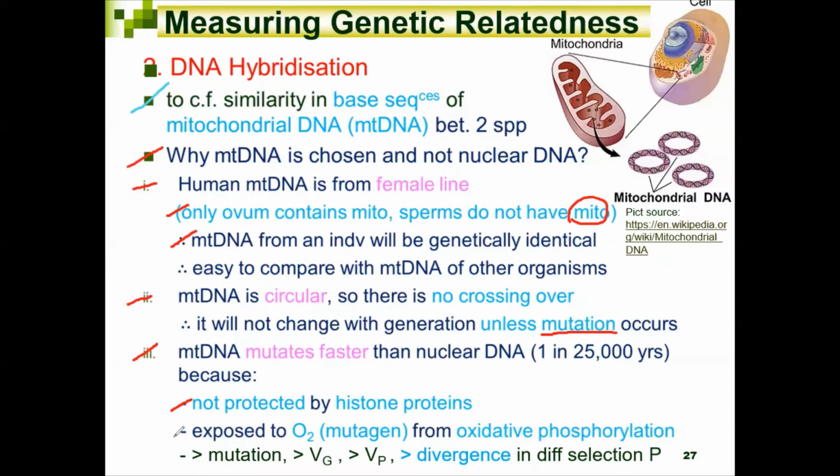Also, mitochondria carry out oxidative phosphorylation, so a lot of oxygen is there. Those oxygen species can easily oxidize and change the DNA structure. So therefore, mutation can occur quite quickly. Because of the higher rate of mutation, mutation will give rise to new alleles. Therefore, there will be more variation in genotype.